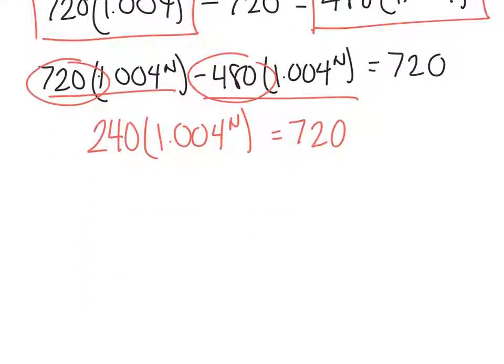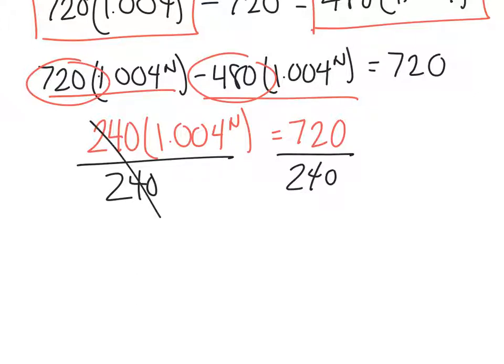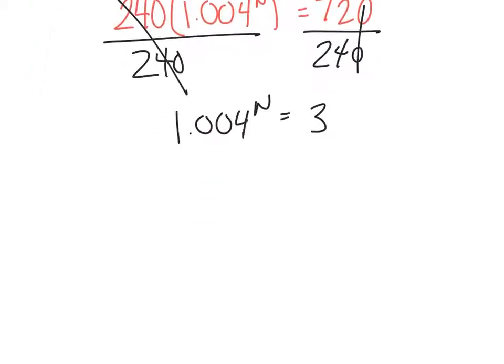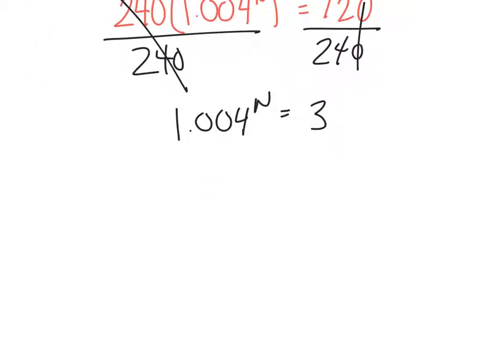And again, my goal is to get that n by itself, so now I'm going to divide both sides by that 240. Kill those zeros, so I really have 72 divided by 24 equals 3. I'm going to take the log of both sides, and again, the whole point of taking the log is that it'll take that exponent and move it in front.